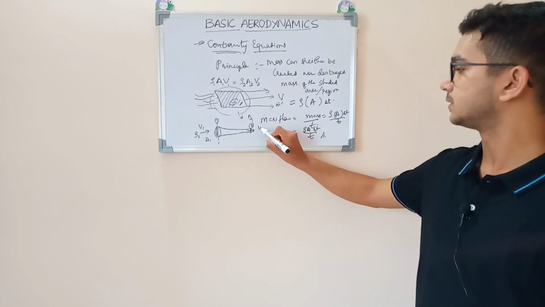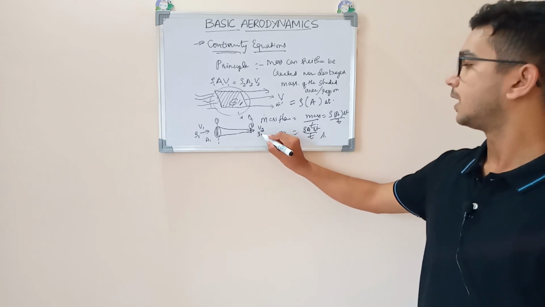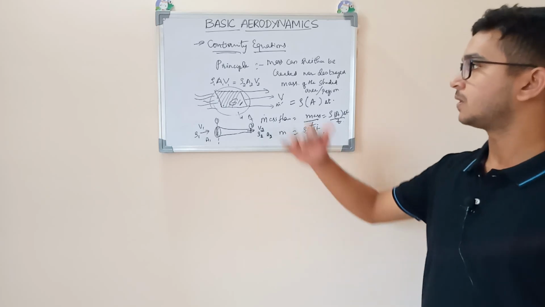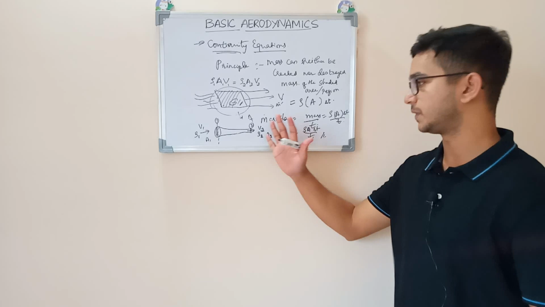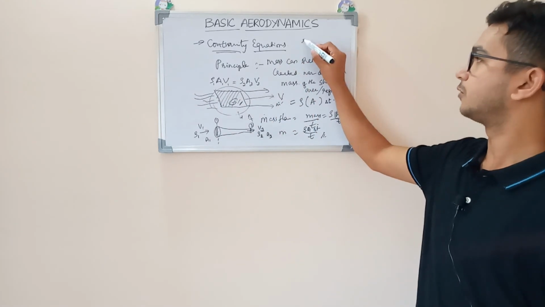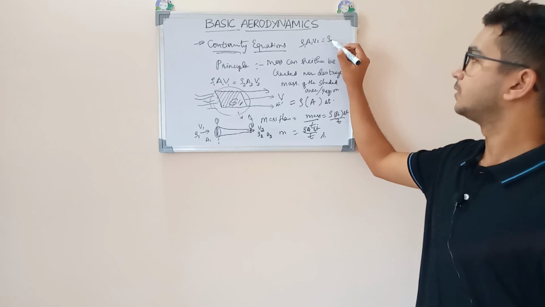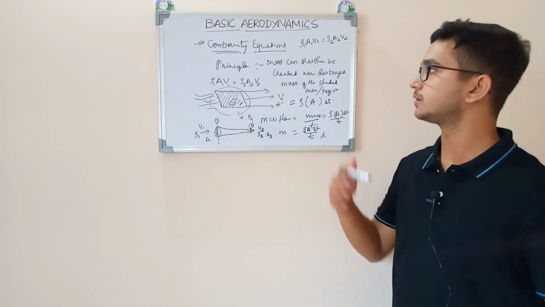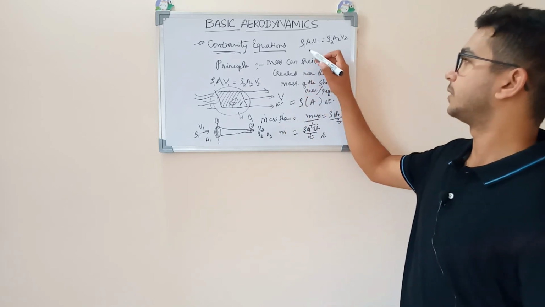In this region we have the velocity of the flow as V2, density ρ2 and area A2. Applying the continuity equation according to the principle, we get ρ1 A1 V1 is equal to ρ2 A2 V2.